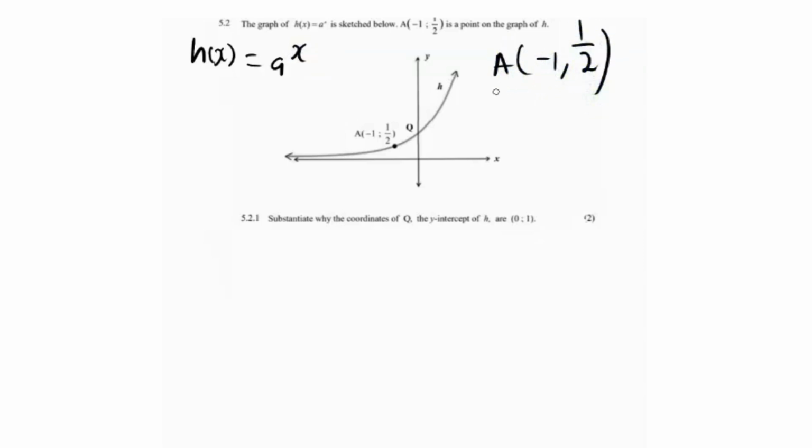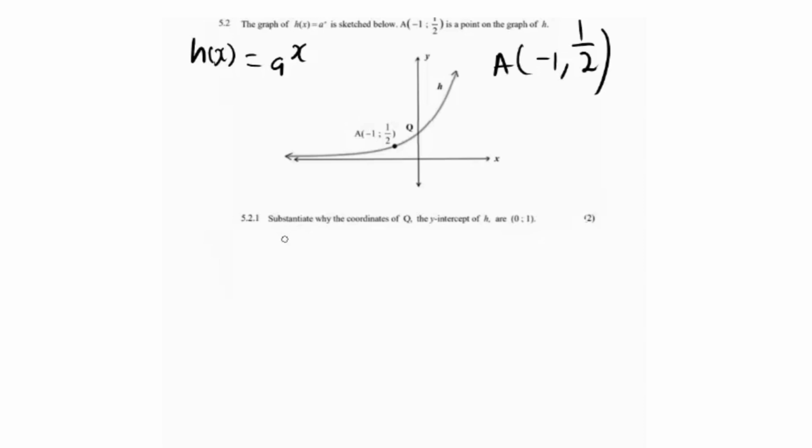Sorry guys for the sound outside, it's very windy outside, so I apologize for that. The graph h of x is the one sketched here. We have a point which is negative 1, 1 over 2, which is a point on the graph h of x.